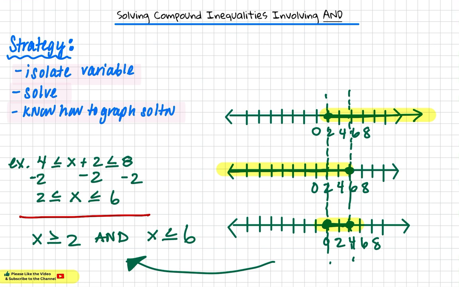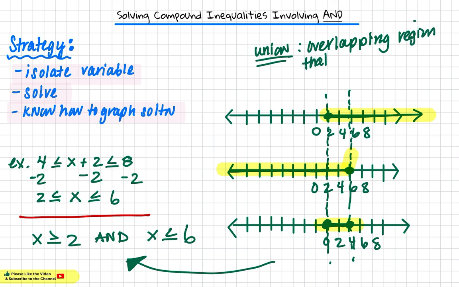The combined answer for both is the part that overlaps. That overlap is called a union, which I will write out here. Union is the overlapping region that represents the solution.